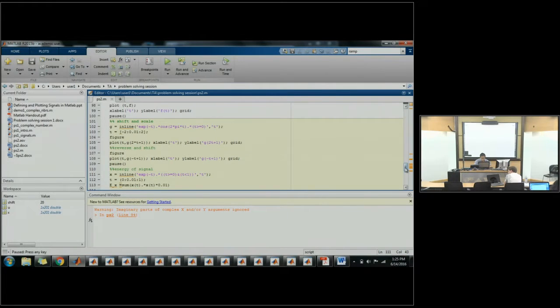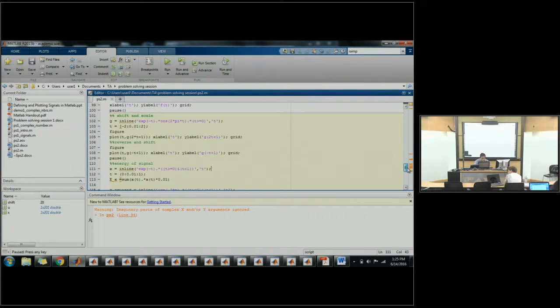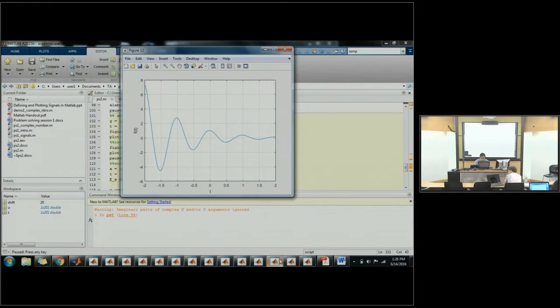Okay, let me see. This is f. So my normal t was like this. This was my normal t. So in one period, let's say from -2 to 2, I had one oscillation.